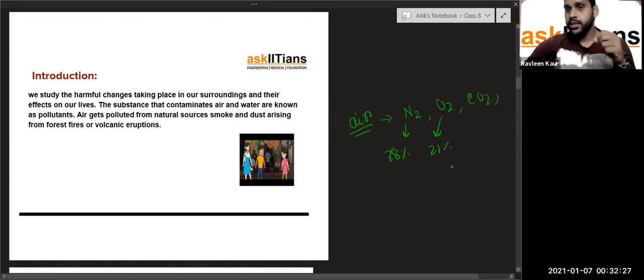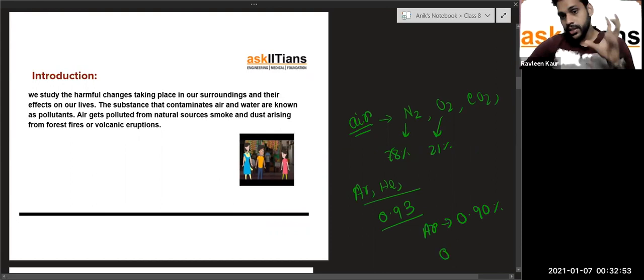We have the other gases, like argon and helium, which we have read about already. These gases are there in 0.93%. Among them, only argon is 0.90%, and all the other gases together make up 0.03%.